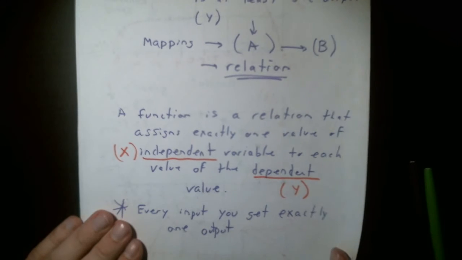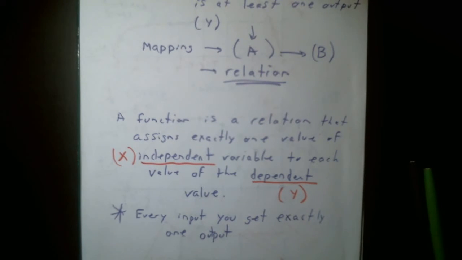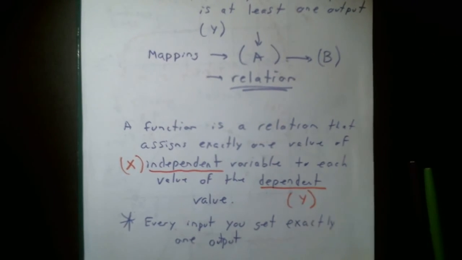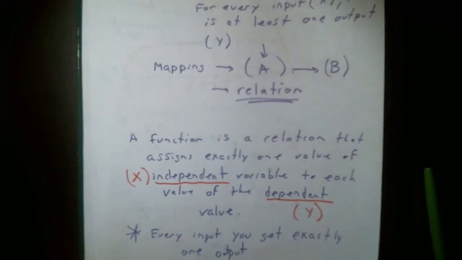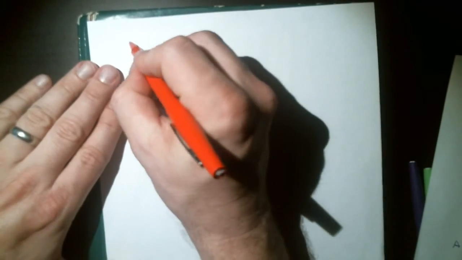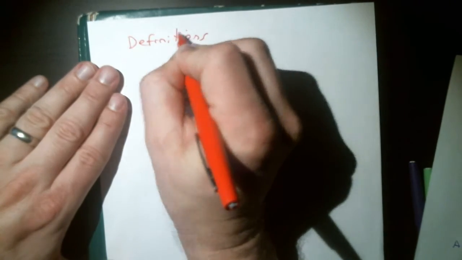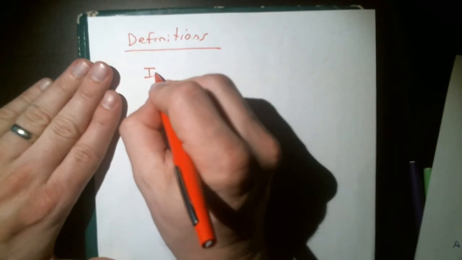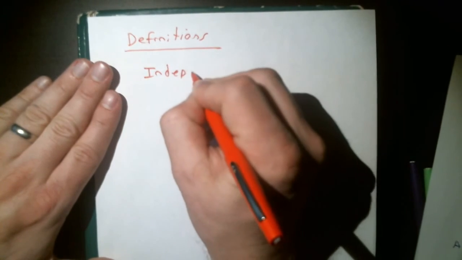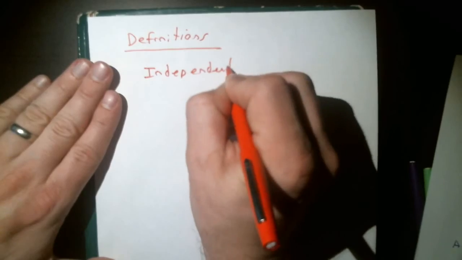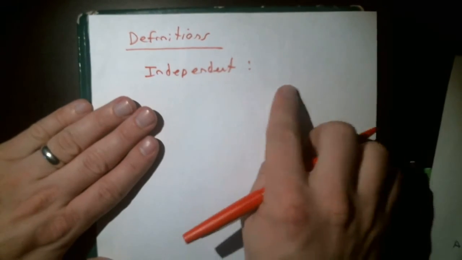So we're going to go through a couple of examples here. Maybe that was too broad, but let me give you some more definition stuff, because that's kind of what we're doing here. So let's continue on with our definition. So here we go. We're going to put independent variable. Why do I stress this so much? Because this is pretty much the terminology.